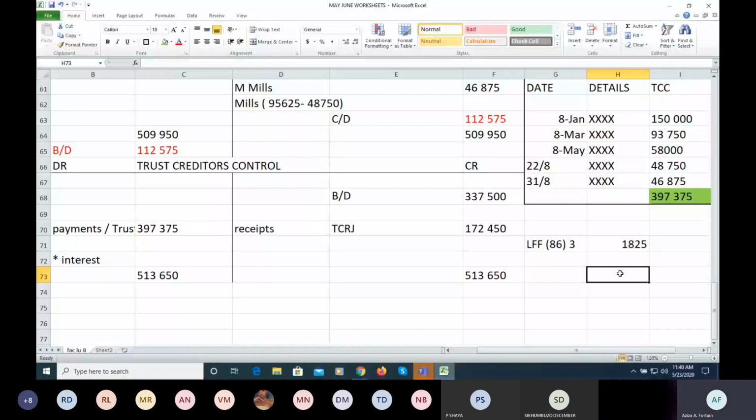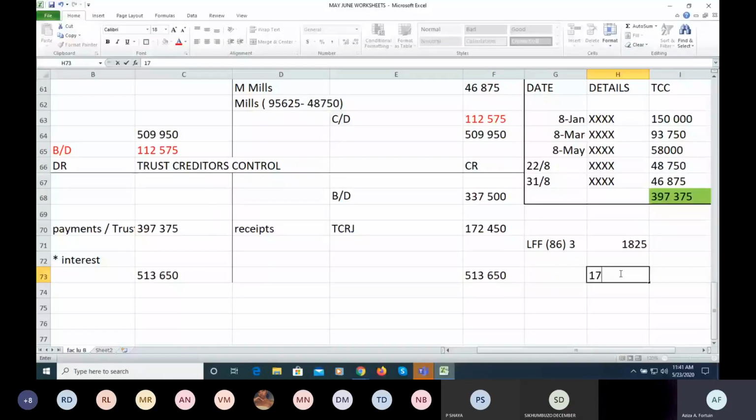I'm so confused now. 93,750 minus, with my calculator, so how much interest was for moles? 93,750 minus 95,625. Okay, did you get that? So that is the 1875 of moles.